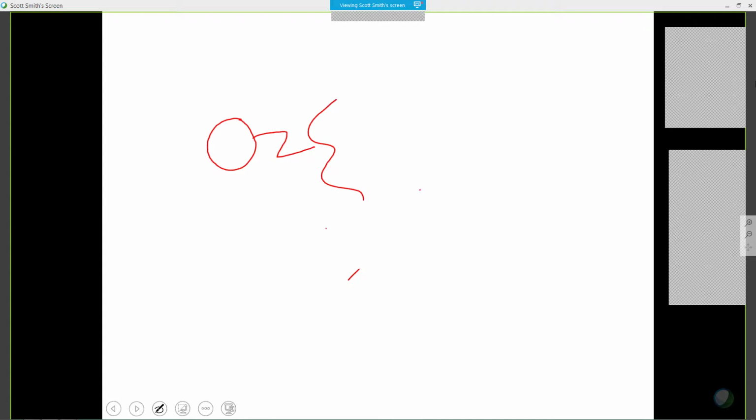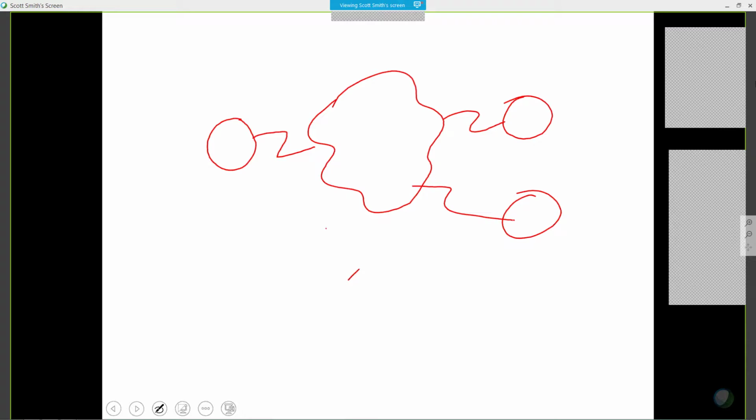You've got your frame relay cloud. You've got another router with a serial link. I've got a PVC that goes there. I've got a PVC that goes there. There's an IP address on each of those interfaces.